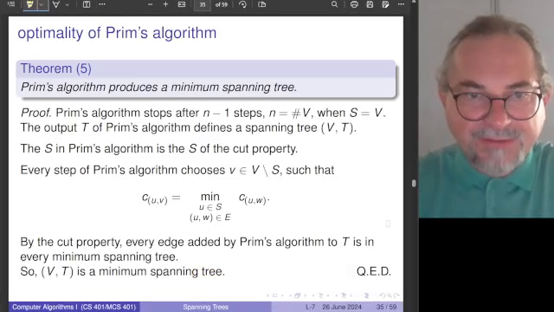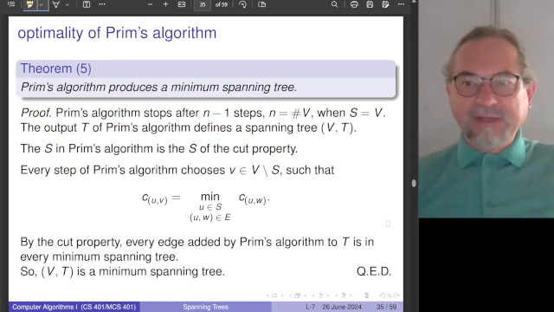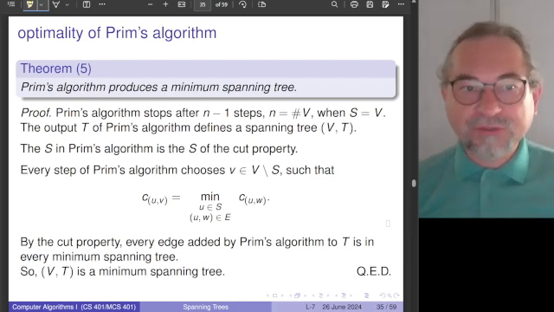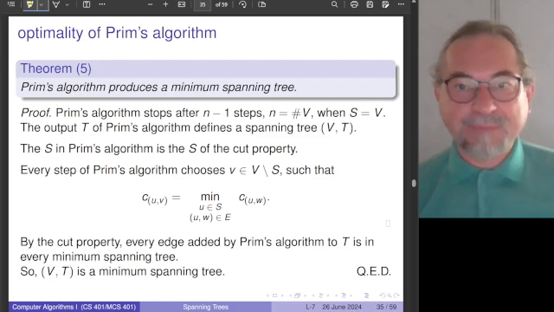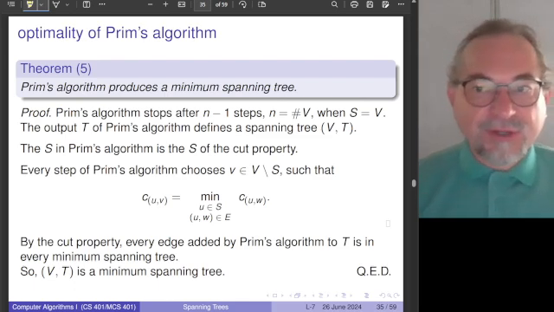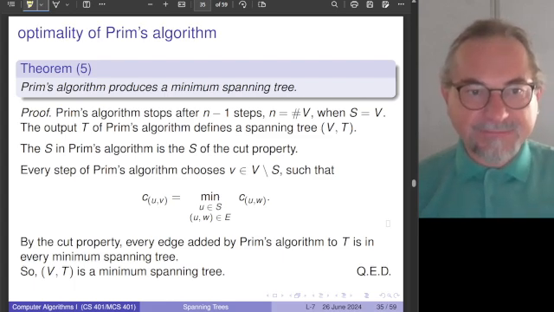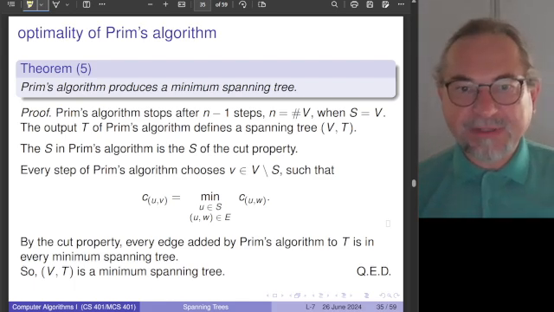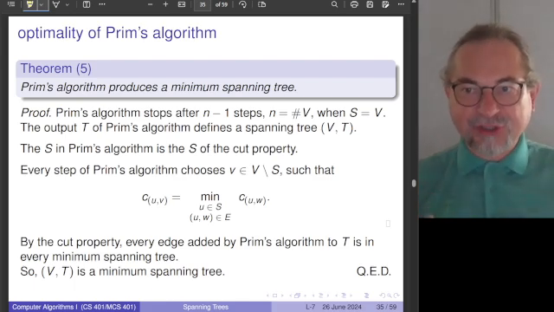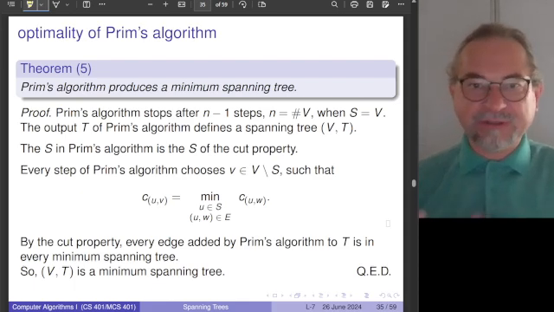Let's move on. The cut property proves the optimality of Prim's algorithm. So Prim's algorithm stops after n-1 steps and each time attaches new vertices that haven't been attached to this tree.